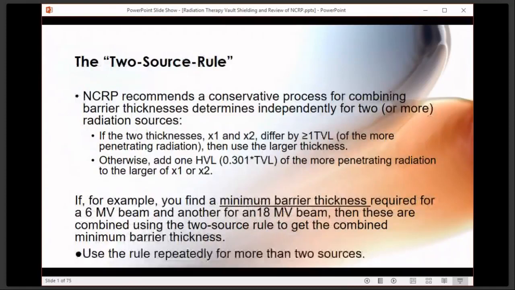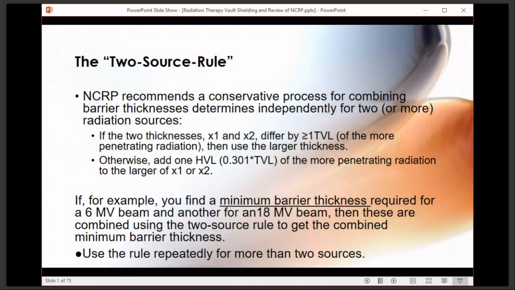The NCRP came up with this a long time ago in NCRP 47. I think it was even prior to that, 33. But anyway, they came up with this rule as a conservative process for combining barrier thicknesses determined independently for two or more radiation sources. The rule says if the two thicknesses, X1 and X2 here, differ by more than 1 TVL of the more penetrating radiation, then use the larger thickness.